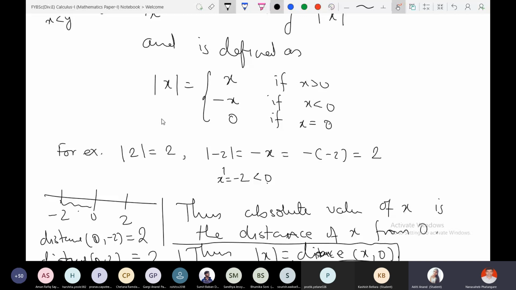Yes, whatever you learned in 11, 12 or school, you just learned the notation absolute value, but nobody told you this is a distance. Your teachers were supposed to tell you in school or 11, 12, but they didn't. That is the problem. Yes, sir.